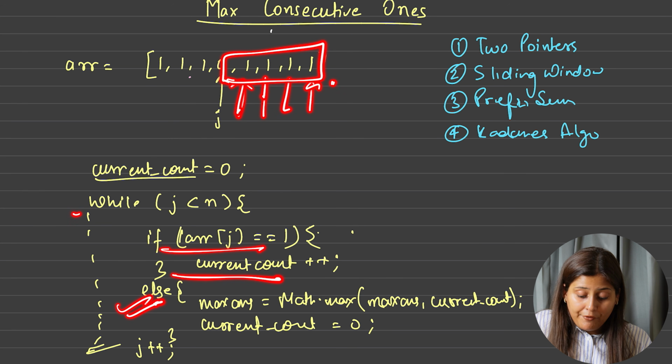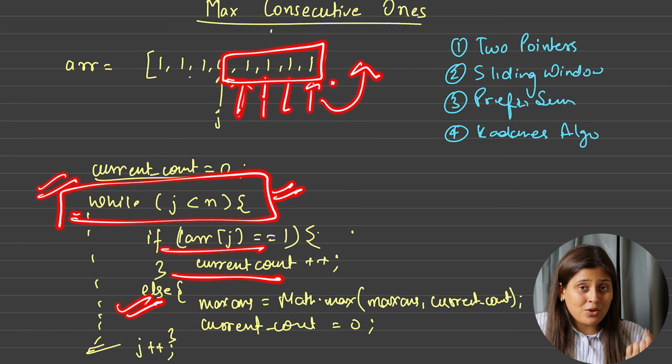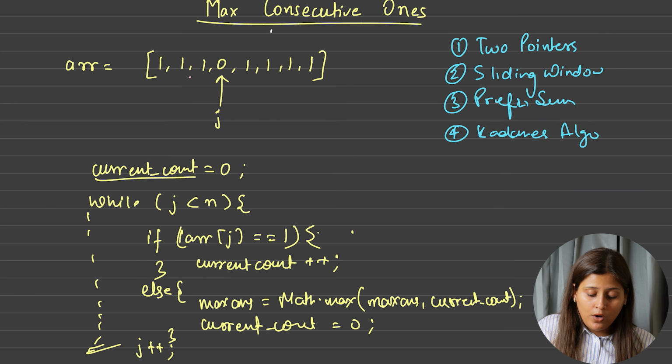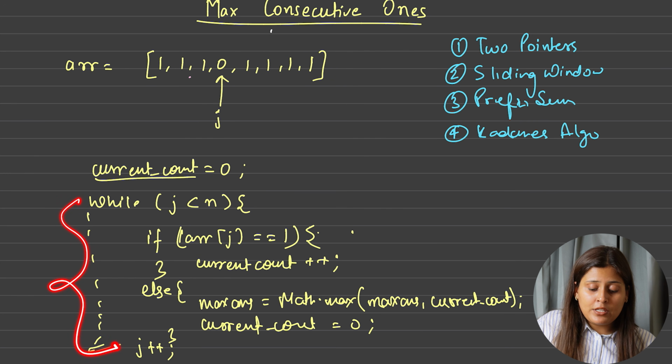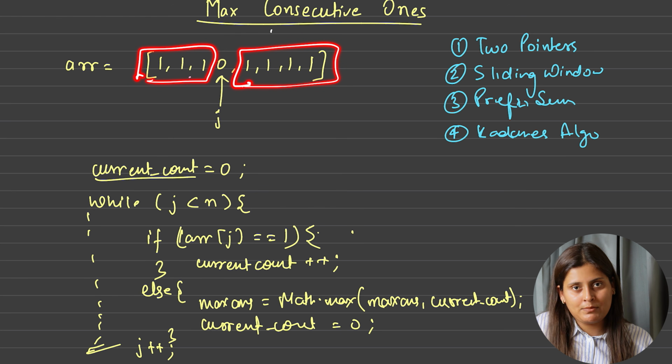But why? Because you will end up leaving the loop when j goes out of index, since j has not found 0, and the else case will only run when j hits 0. So when you come outside this, the maximum answer you have updated till now does not include this maximum 4, which you have not even checked is maximum or not.